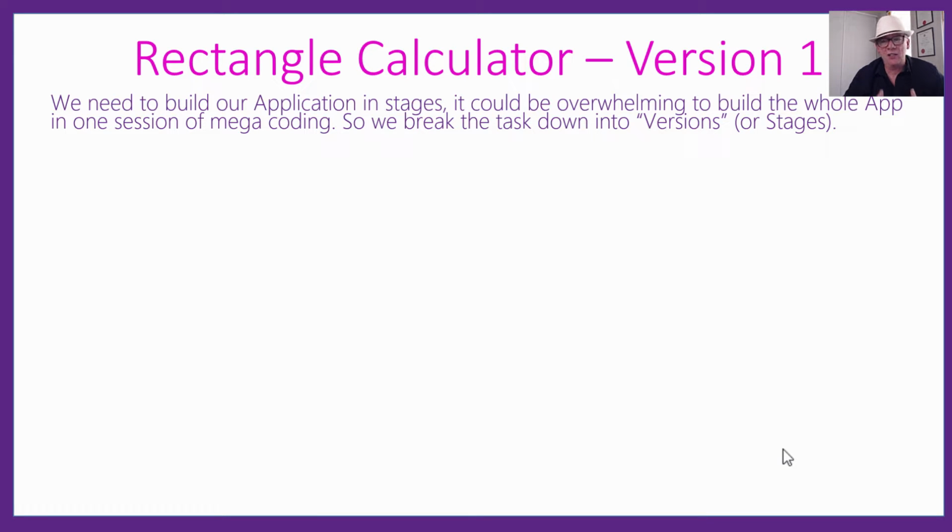Now, when you build an app like this, it's got a lot going on in it. So you build it in stages. It's too overwhelming to build the whole app just sitting down doing one session of mega coding, even though you see guys in YouTube videos do that. But you need to break the task down into what we call versions or stages. And it's just like writing a book. Before someone writes a book, they plan out, okay, we're going to have 10 chapters and each chapter is going to be about specific things, and they plan each chapter separately.